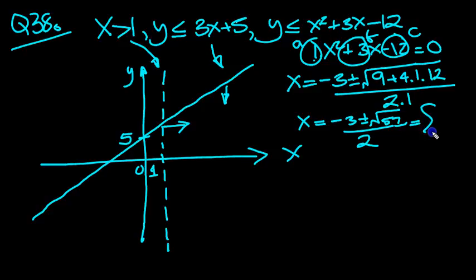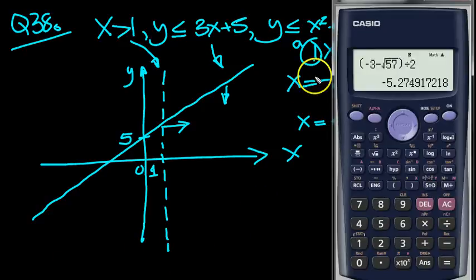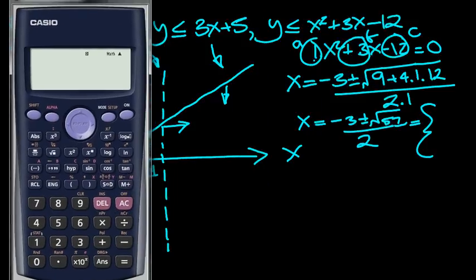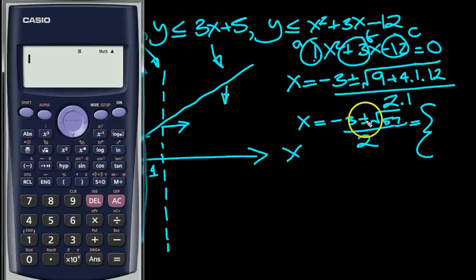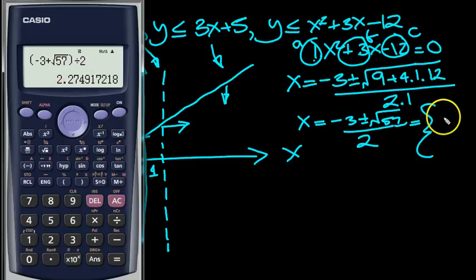So we end up with, let's work it out, tap it in the calculator. So let's get our calculator. Let's move it over here, out of the way. And we've got negative 3, bracket on top, negative 3, plus square root of 57. Outside the square root, close the bracket, divide that by 2, equals, get the decimal, 2.3, yeah?